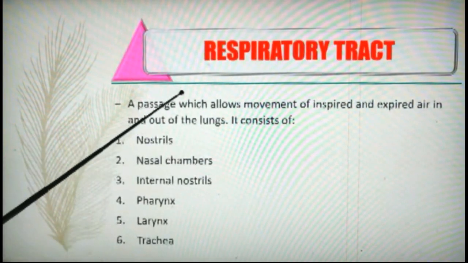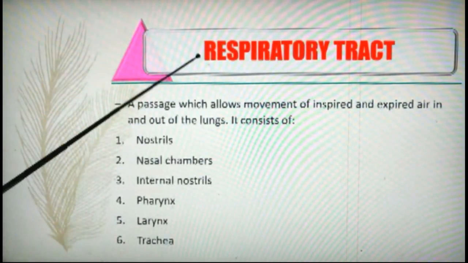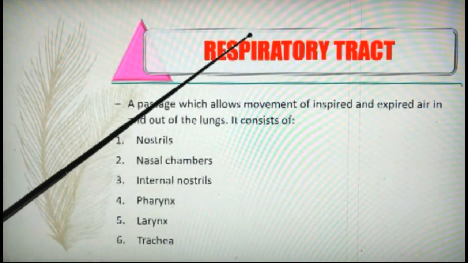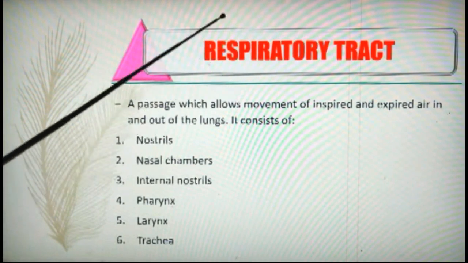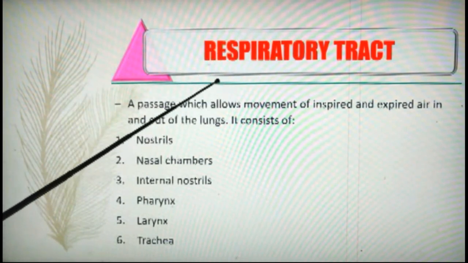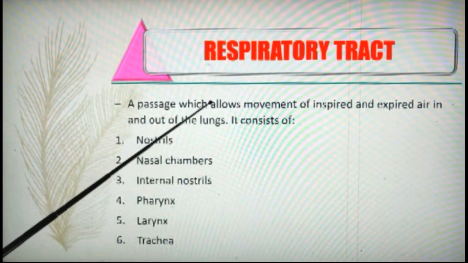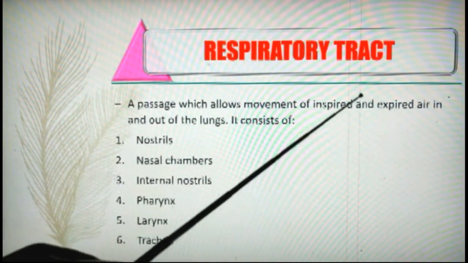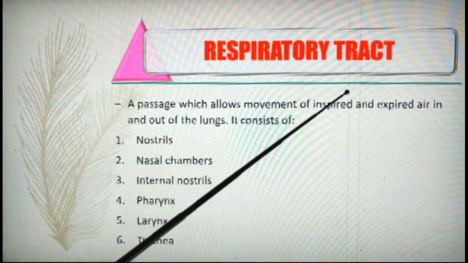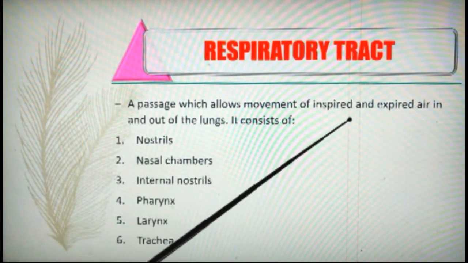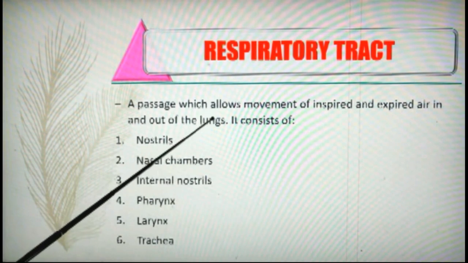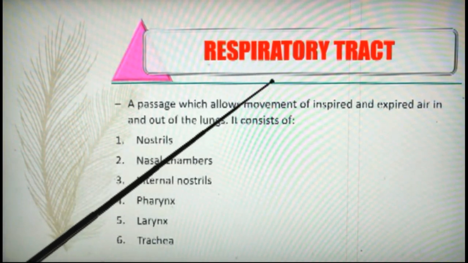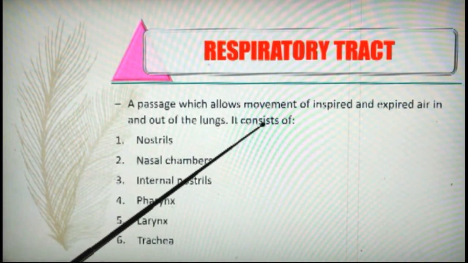Now you can see the structures associated with the respiratory tract. Before that, let us see what is meant by this respiratory tract. It's nothing but a passage which allows movement of inspired and expired air. Inspired air is the oxygen. Expired air consists of what? Carbon dioxide, in and out of the lungs. That's just a passage or pathway for the entry and exit of air.